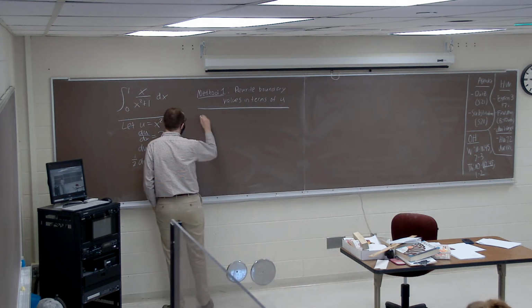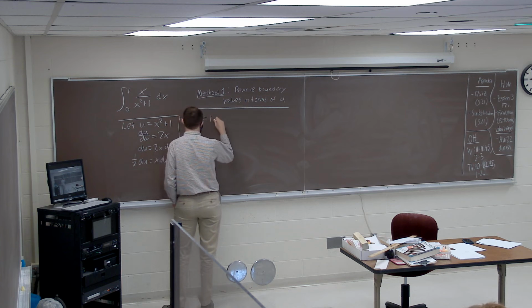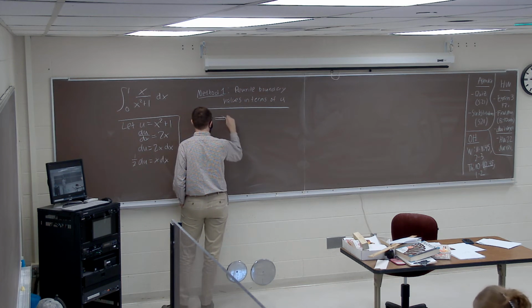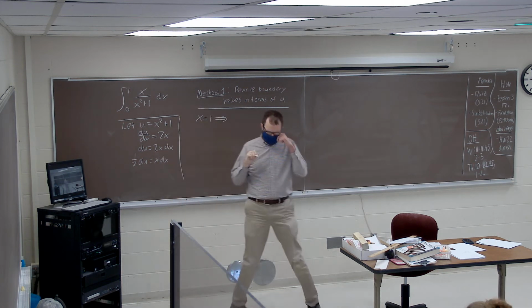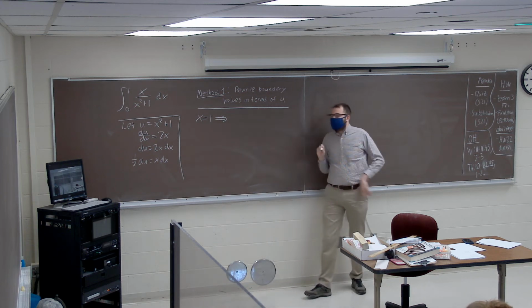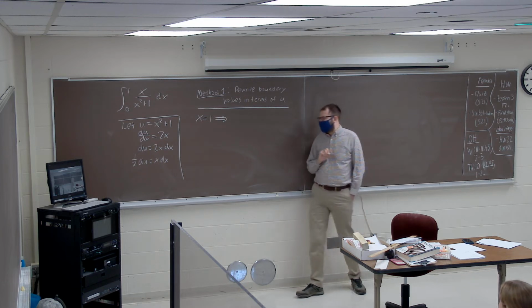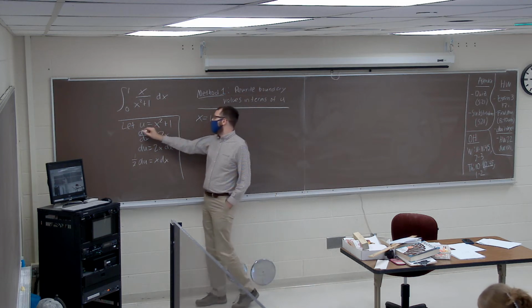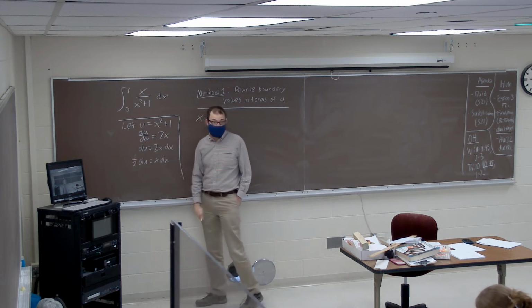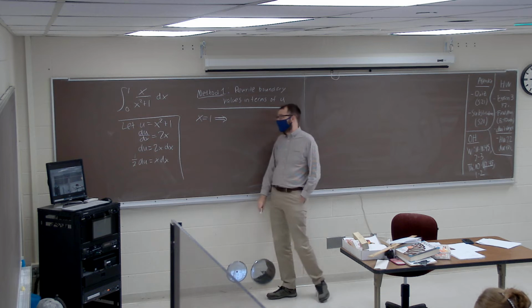So if we start with x equals 1, what do we get? If x is equal to 1, what would u be equal to? Meaning, we have a way to write u in terms of x. U is always just going to be equal to x squared plus 1.